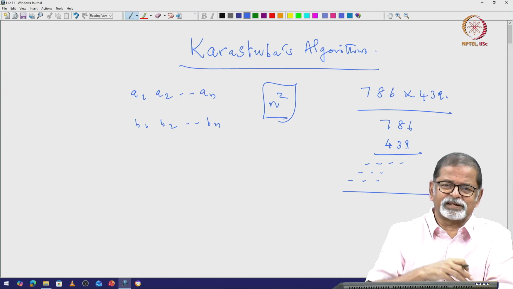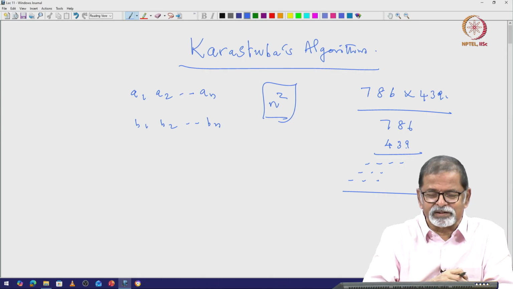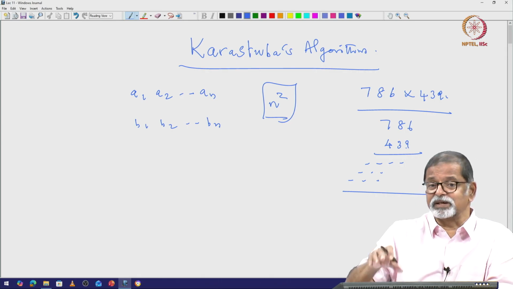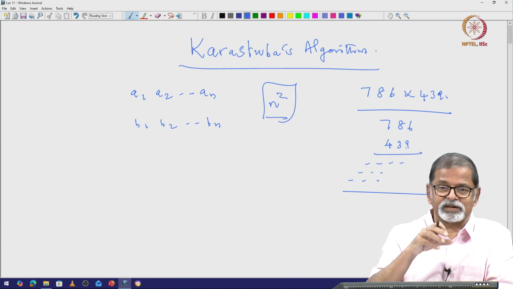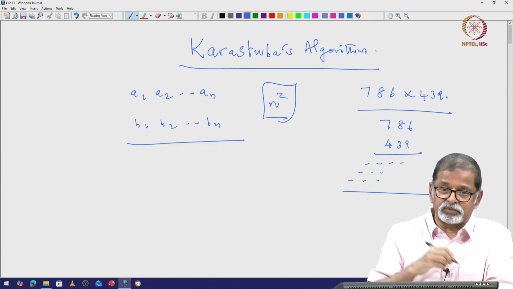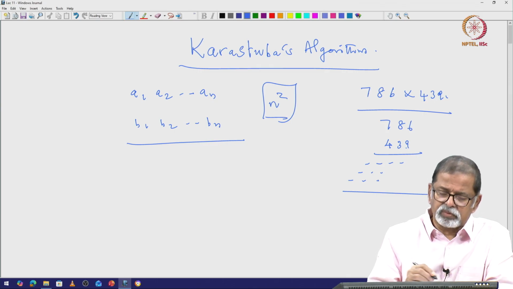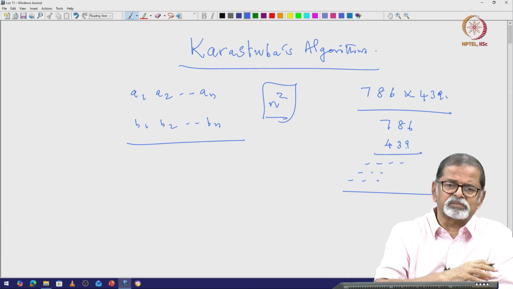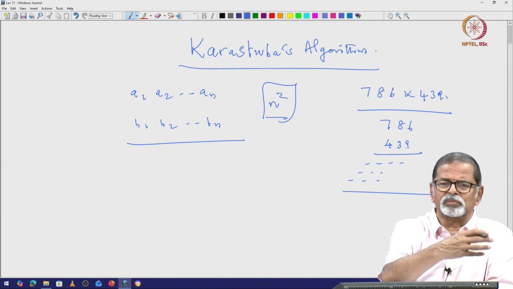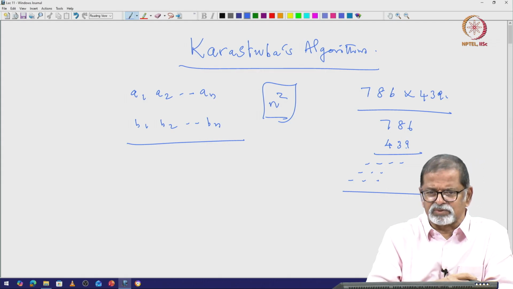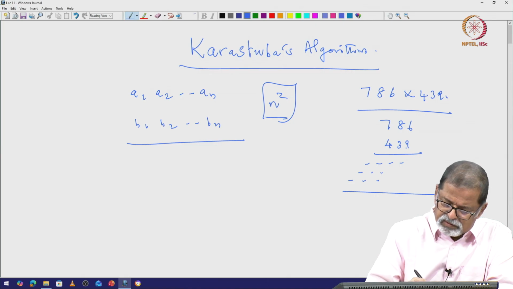We will take a closer look at his method, and then we will also see some interesting analysis, a little more mathematics, while analyzing his algorithm. So we have the master theorem, which is well known, and you might have done it in your basic course on algorithms.